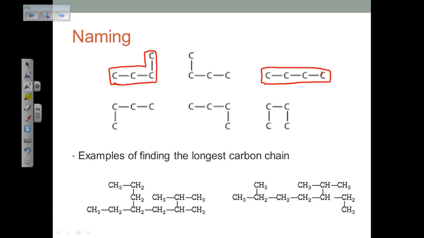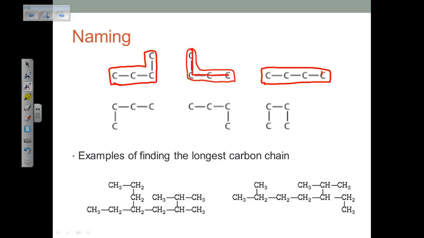So I think the important thing to keep in mind, and I don't know how official this is, is that you want to start with the carbon at the end, and then draw, without picking up your pen and without tracing back over, through as many carbons as you can, and then count them. That's 1, 2, 3, 4. That's how you take that into account.